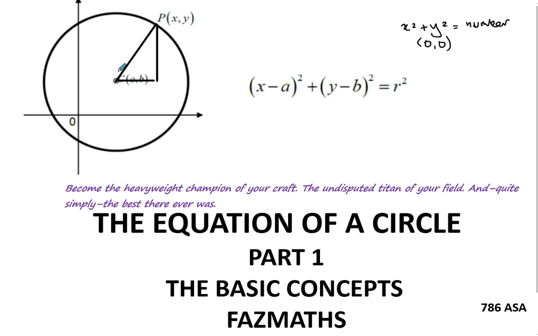But if you have the center being (a, b), then using Pythagoras, you know that x minus a squared plus y minus b squared will be r squared. So that's your r. The center of the circle will actually be, you change the sign. So if it's x minus a, the center will be a. If it's y minus b, the center will be b. So it's quite easy to identify.